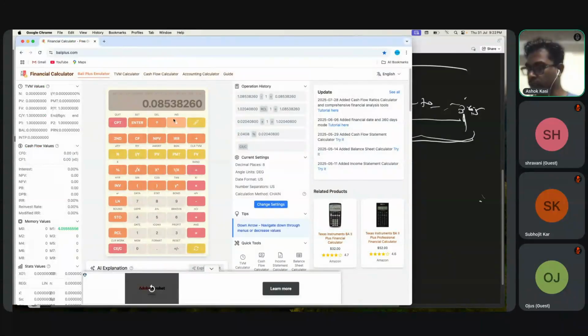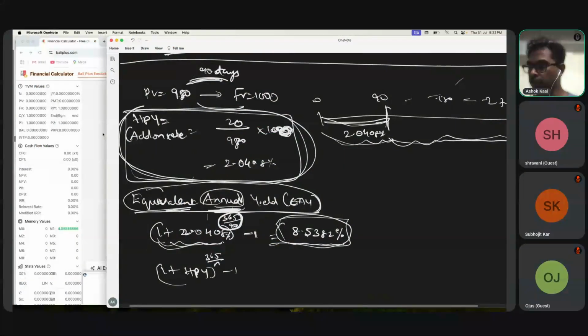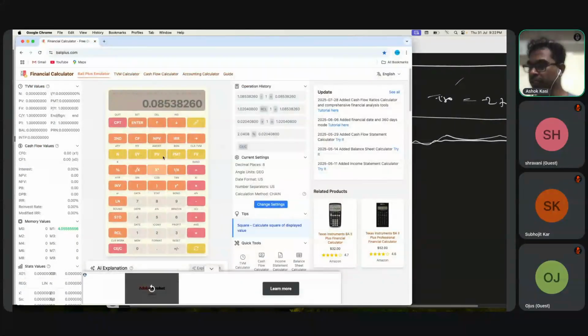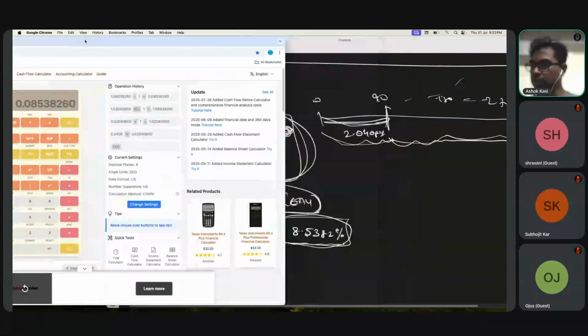And into 100, 8.5382. So it is right only. Maybe there is a decimal problem in your calculator. You go for 8 decimal and do it. That will be better. Okay, he mentioned it is right.